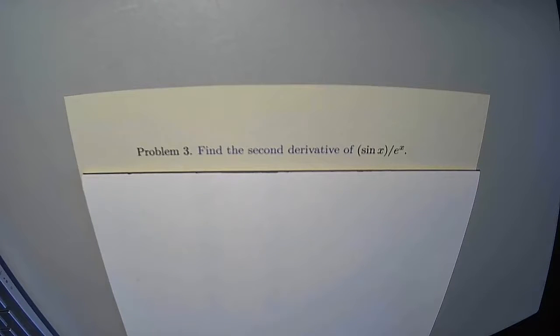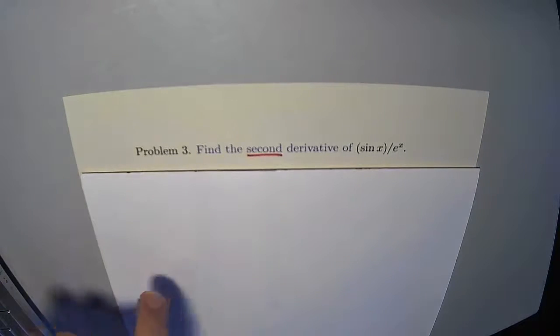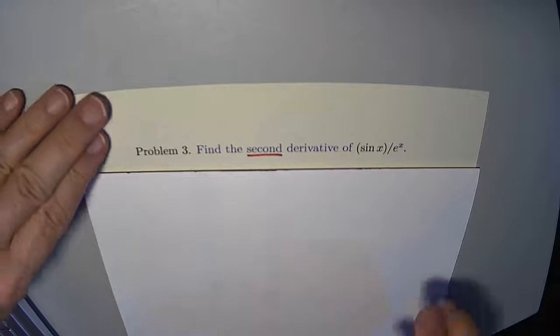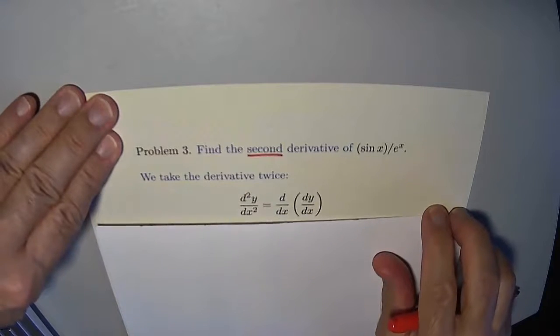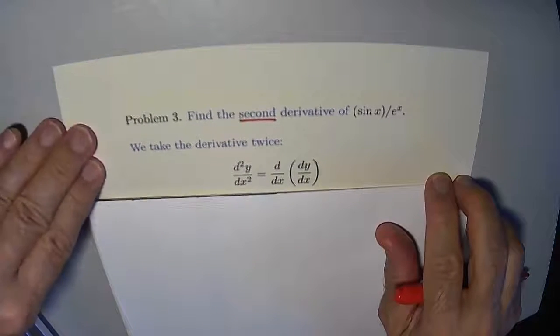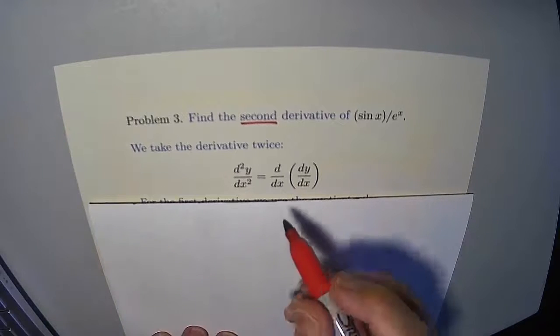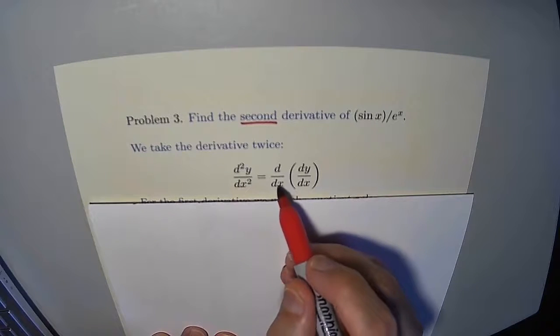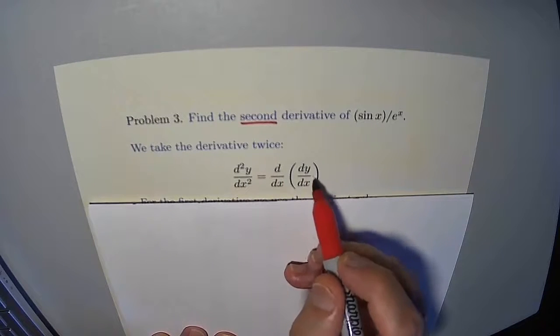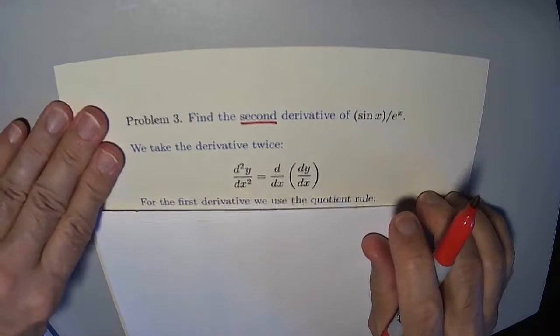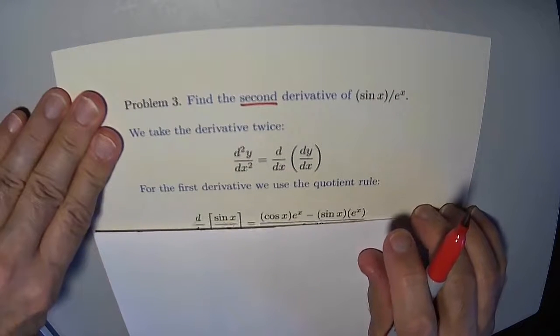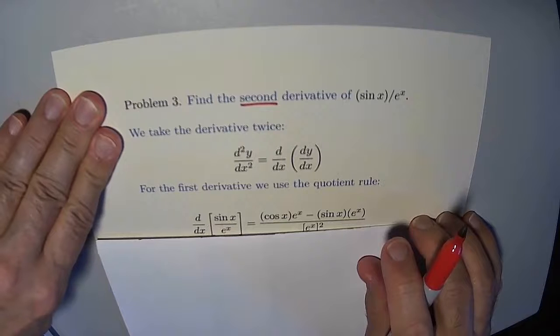In problem 3, we want to figure out the second derivative of sine of x divided by e to the x. We take the derivative twice in this case. The second derivative is the first derivative of the first derivative, twice in a row.